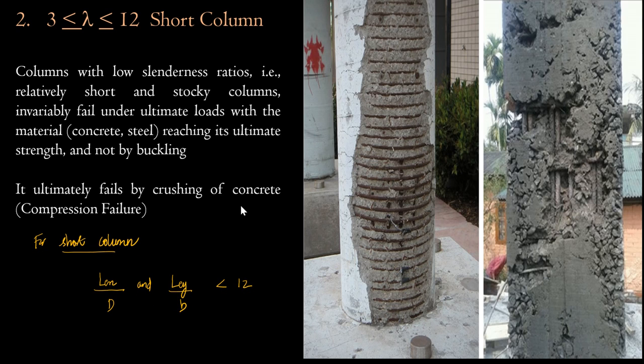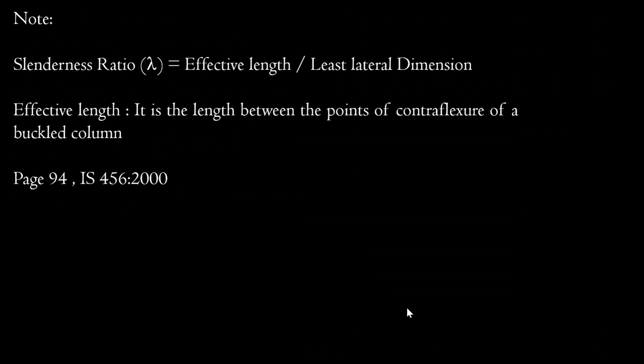That is, according to IS 456, for a short column, LEX by D and LEY by B must be less than 12. This is very important. That is, LEX means effective length divided by lateral dimension, and lambda means your slenderness ratio, that is, effective length by least lateral dimension.